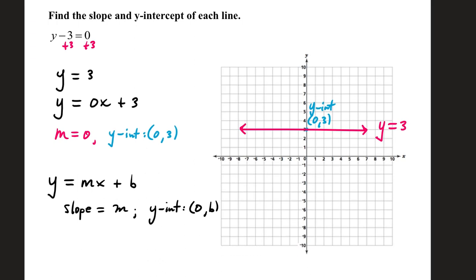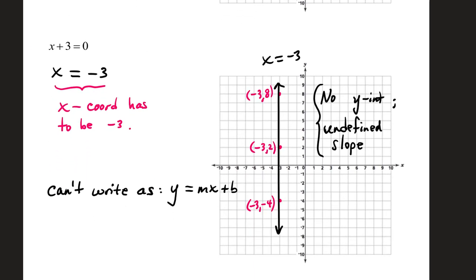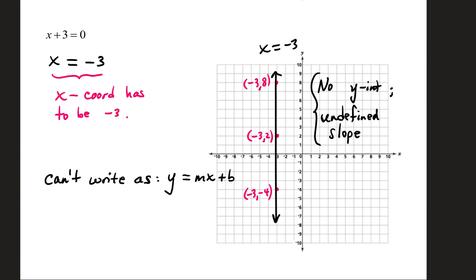On the other hand, if your equation only contains the variable x, go ahead and isolate it, subtract 3 on both sides, we get x equals -3. Now, we're not able to write that in terms of y equals mx plus b or slope-intercept form because there's no y variable to isolate. That's okay. Think of it this way.